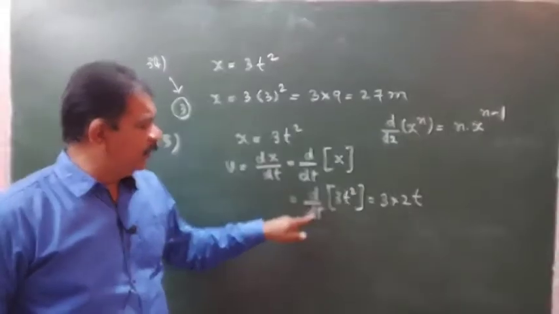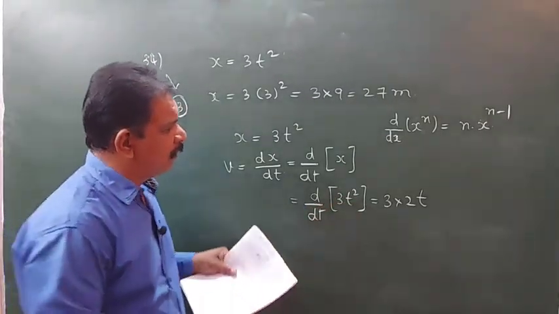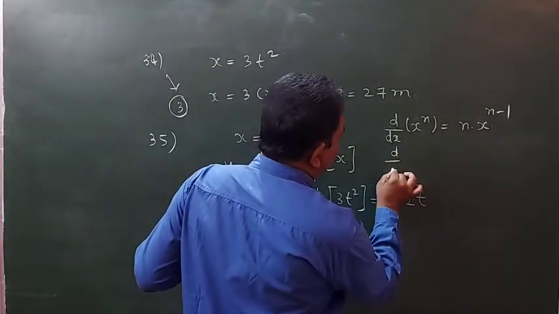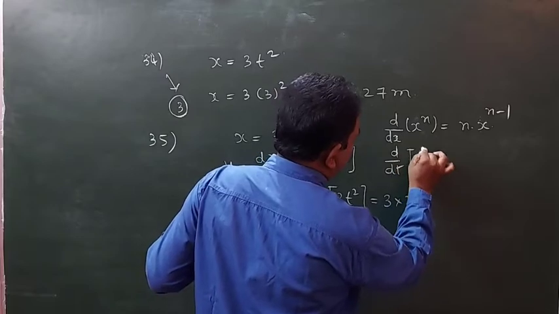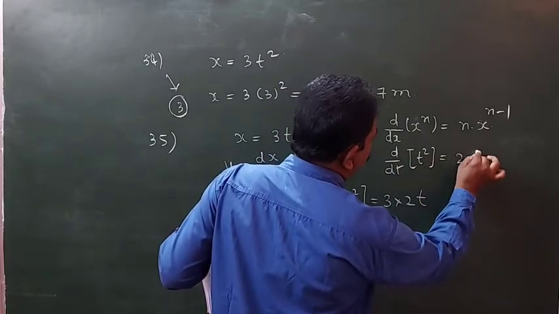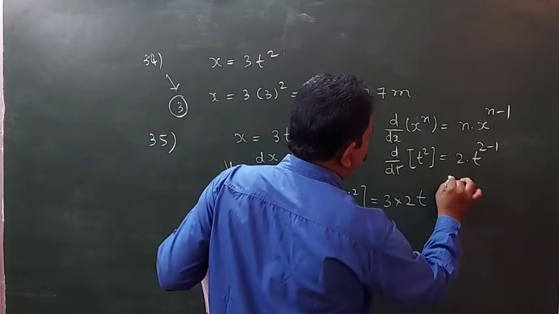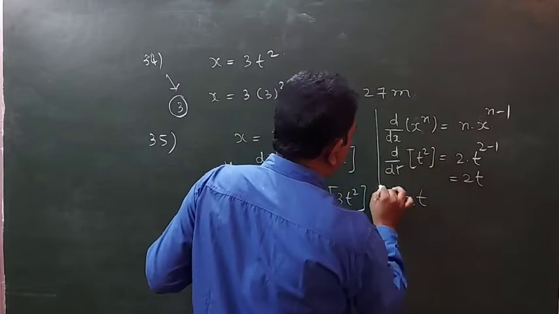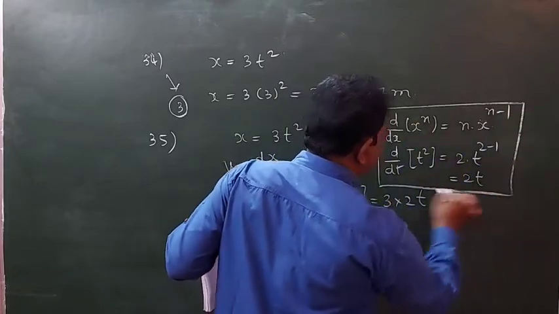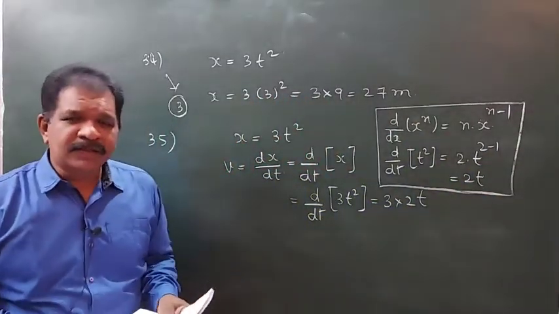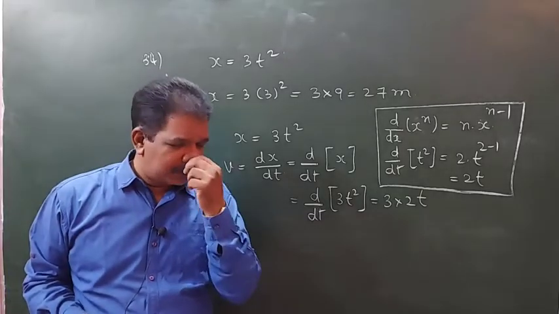So here d by dt of t square means 2 into t power 2 minus 1. This is 2t. This is a simple basic formula in mathematics. It will come for you in the next classes.